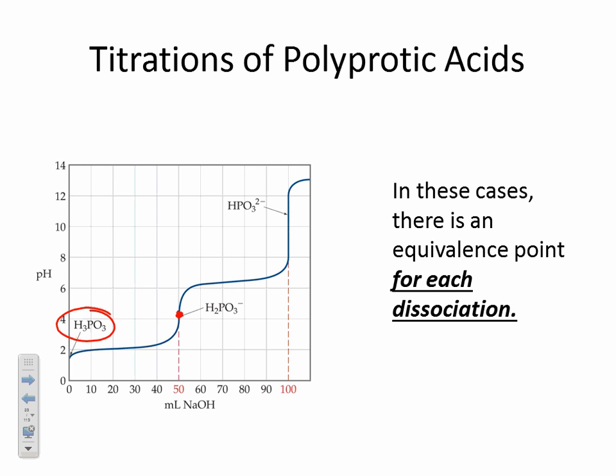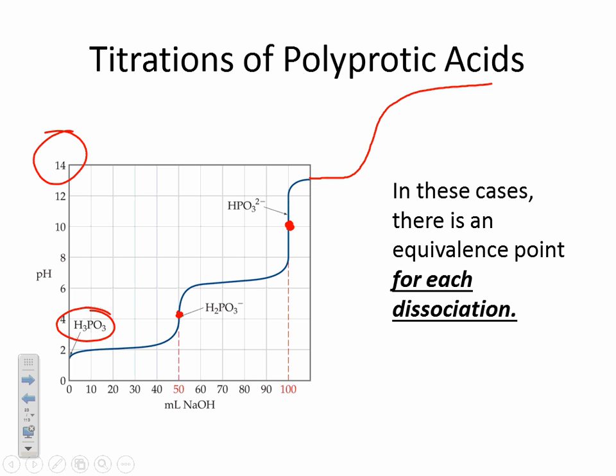And then we have the H2PO3 minus losing its second proton, and then we have the second equivalence point right there. So we see basically this titration curve that sort of keeps on going. And yes, I know there's a third to lose, so technically speaking, this could even keep on going up here, but then notice the pHs that we're at. We would need a very, very, very strong base to remove that final proton from that system, which you can do.